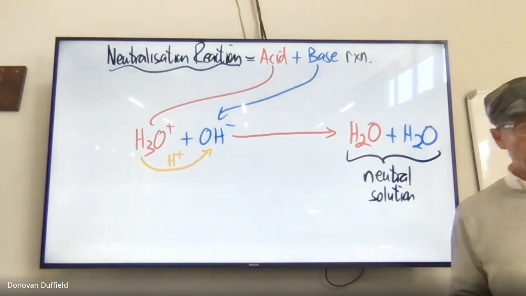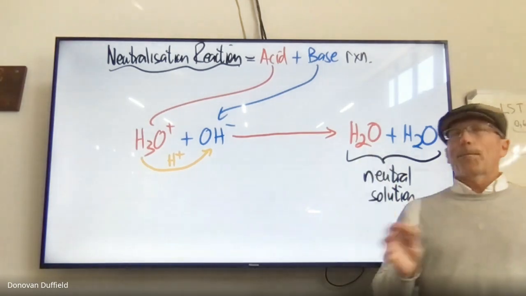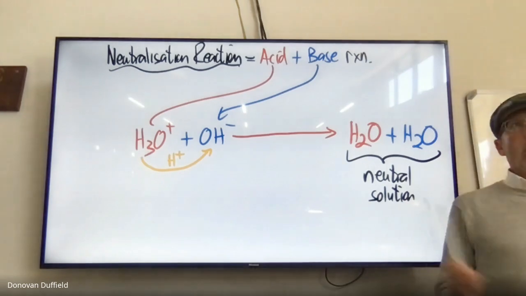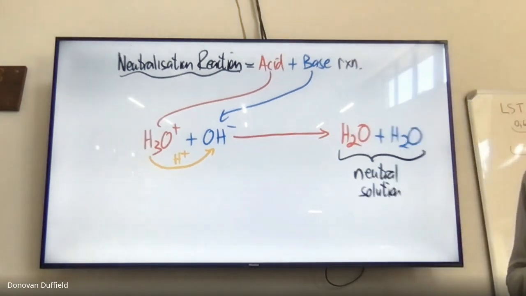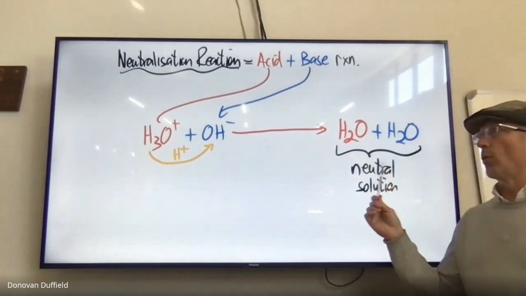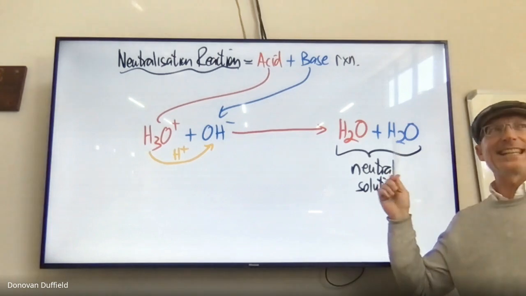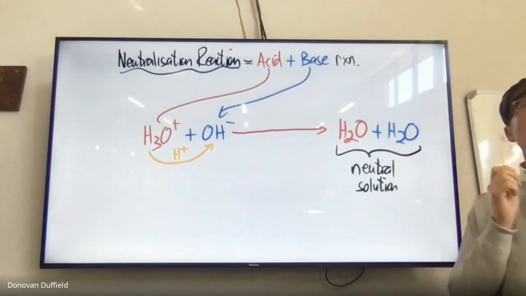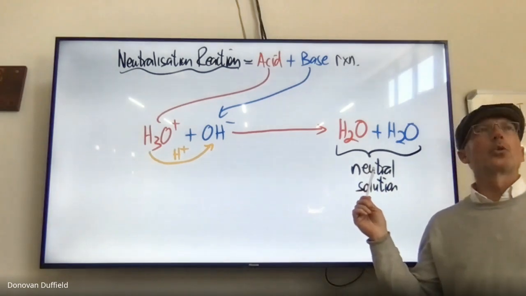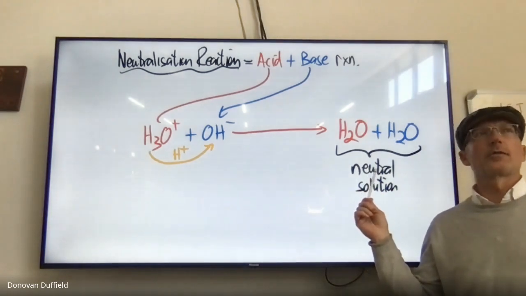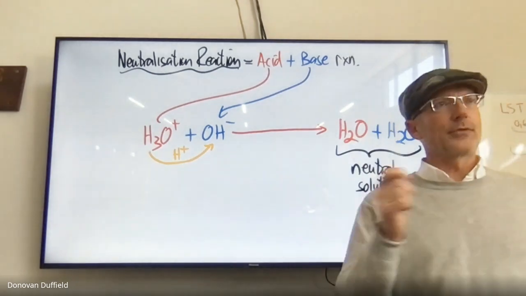Now, it is overly simplified, because depending upon what acid and what base you are using, and we will still get into this, once the water is formed, there is a salt in the solution, and that salt can react with the water, called hydrolysis of salts, which then takes your pH either below 7 or above 7.